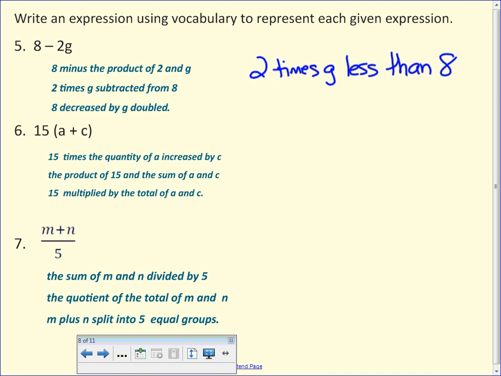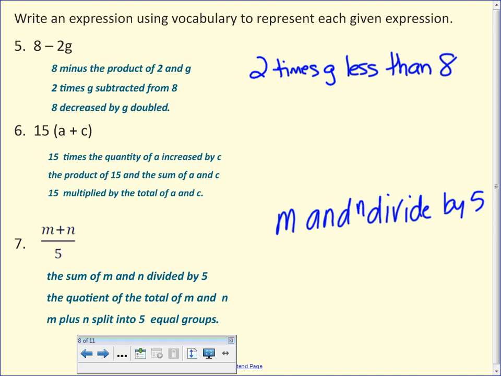First one for 7, could that be read as m, and then n divided by 5? Well, you would have to say the sum, because if you just said m and n divided by 5, you have to be careful. So they're not reading it as n divided by 5.